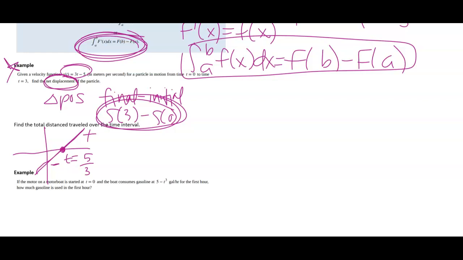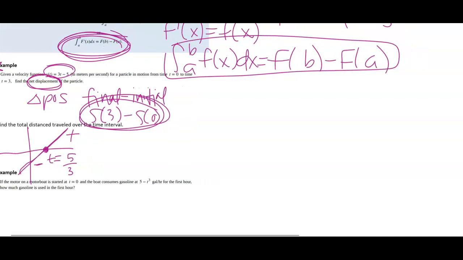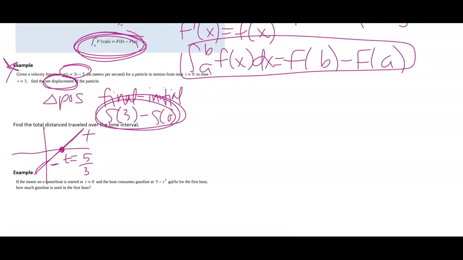All right, so in this scenario, I need to evaluate two different functions because if it's total distance traveled over time, then my particle's moving to the left because velocity is negative. It's at rest, and then my particle's traveling to the right because it has a positive velocity.